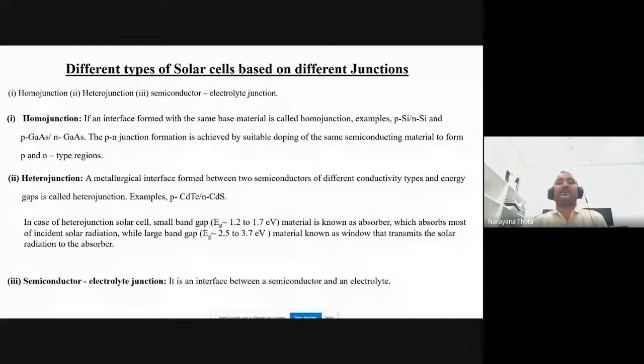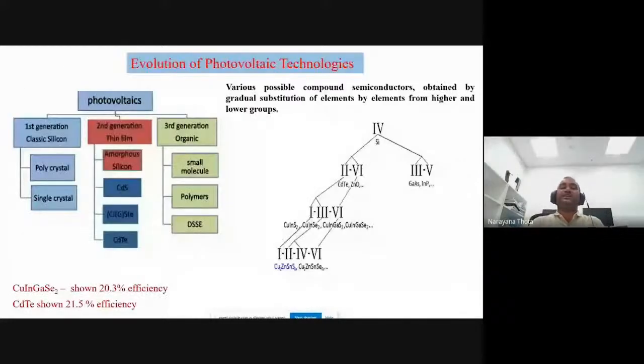So these are the various types of solar cells, various generation solar cells. They are broadly divided into three categories: first generation, second generation, and third generation solar cells. First generation solar cells are mainly silicon solar cells.